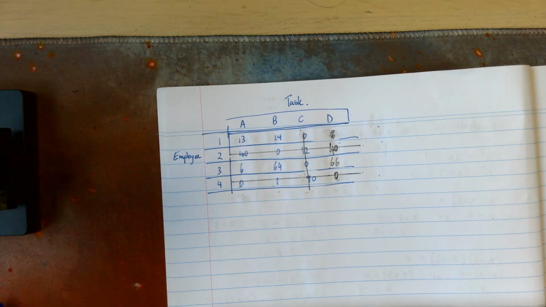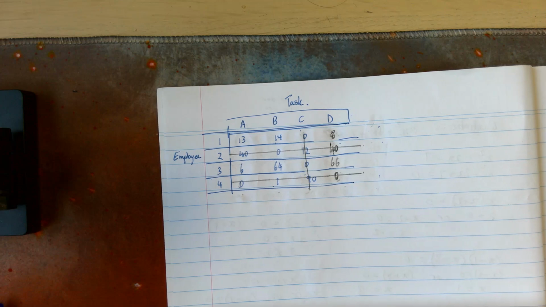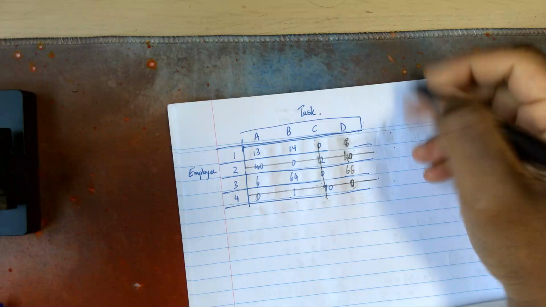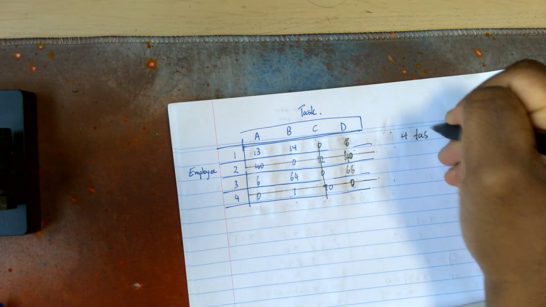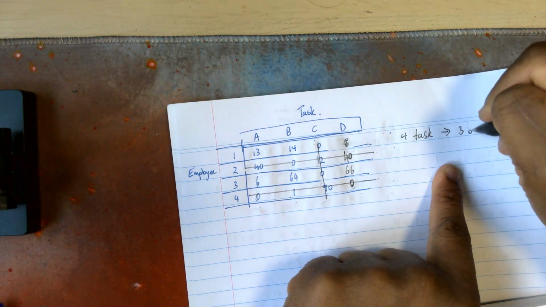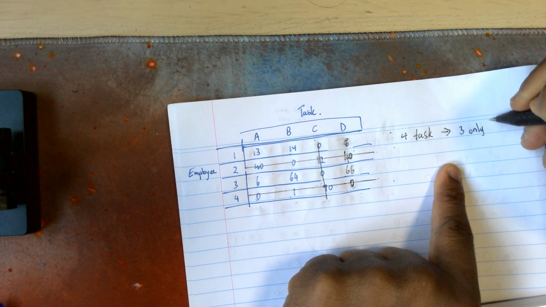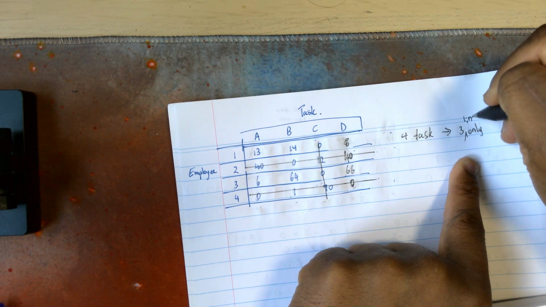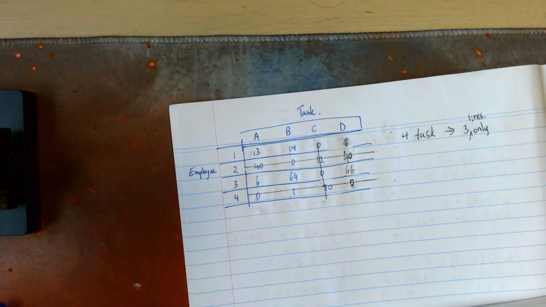And it says if the number of lines is less than the number of tasks, continue to step 4. So here we've got 4 tasks, but only 3 lines. So I'm going to go on to step 4.